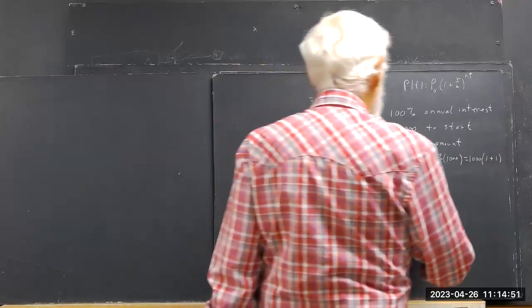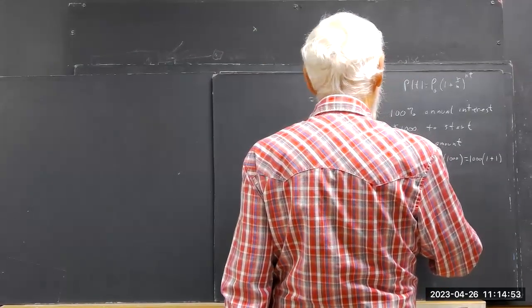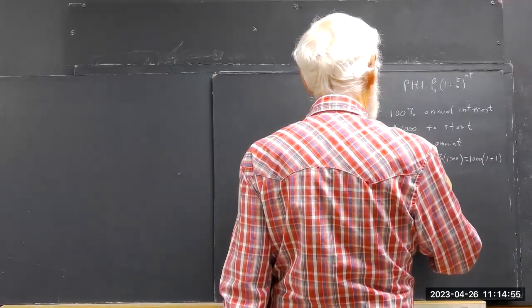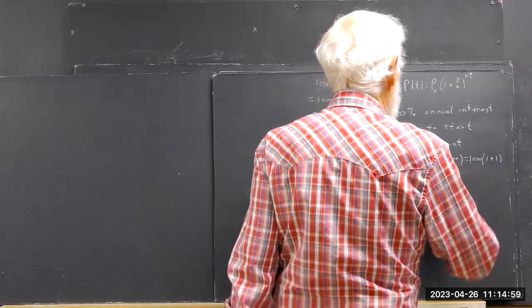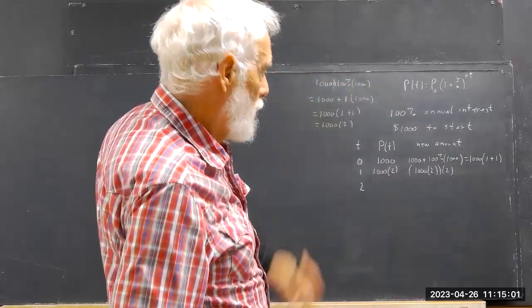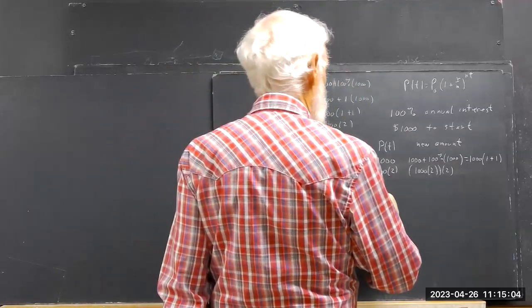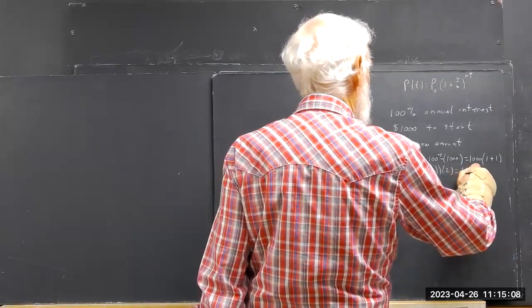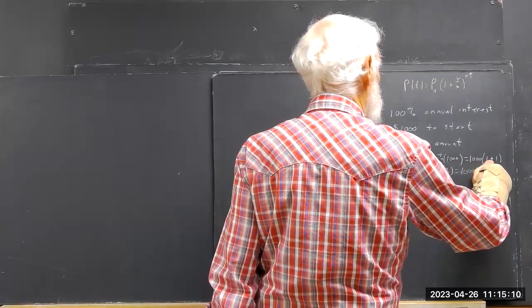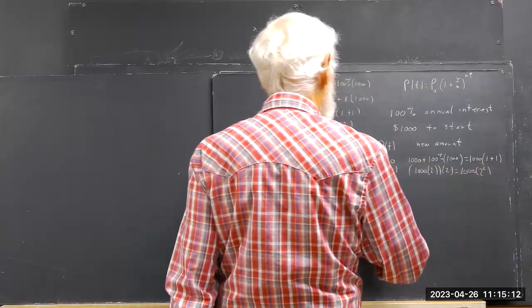And then our new amount would be $1,000 times 2 times 2, which would be $1,000 times 2 squared.